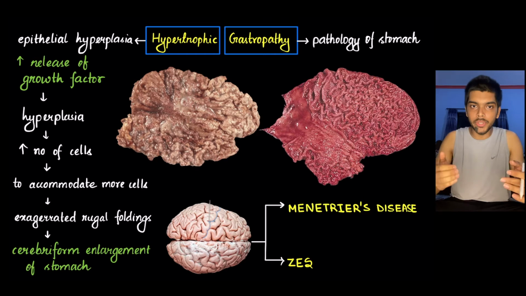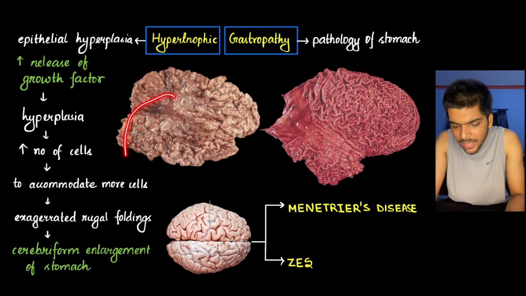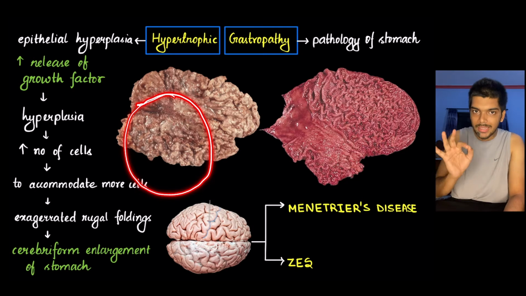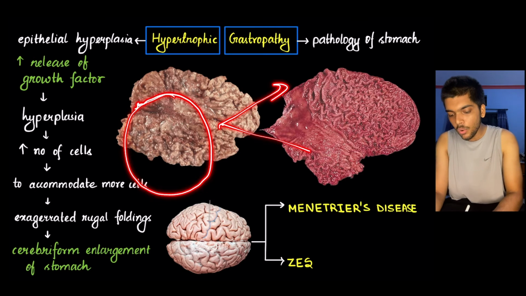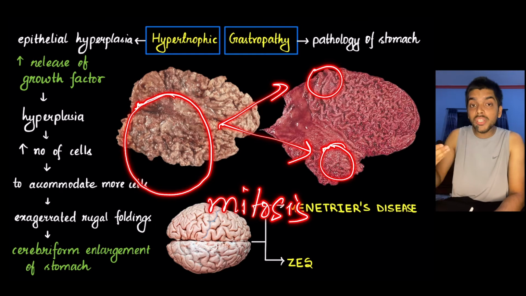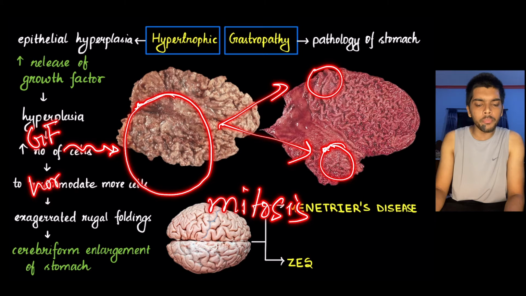Okay, now listen to this story. We have an epithelial cell lining the wall of the stomach, within the epithelial mucosa of the stomach. This epithelial cell goes through the process of mitosis and then divides into two. Good. For mitosis to occur, the cell needs to be triggered either by a growth factor or some kind of hormone.